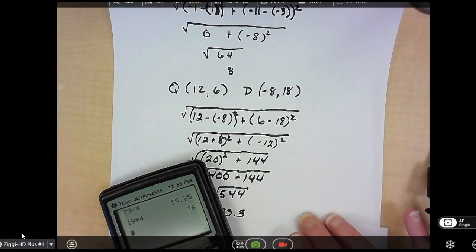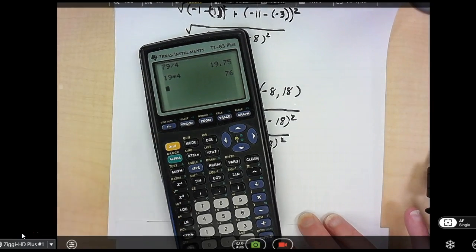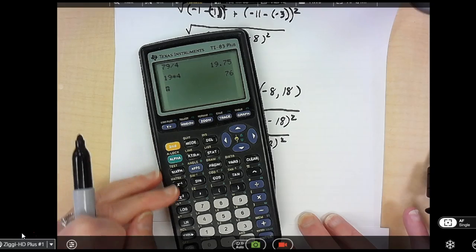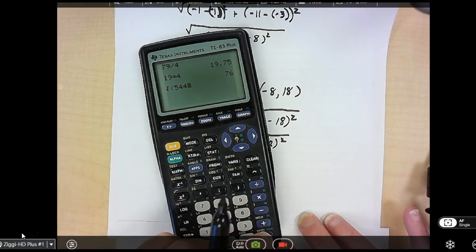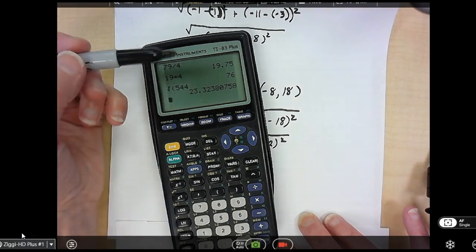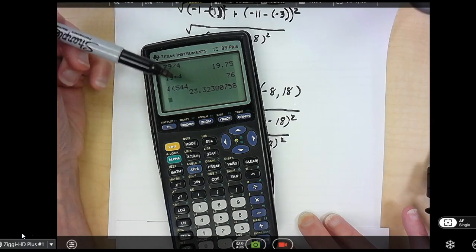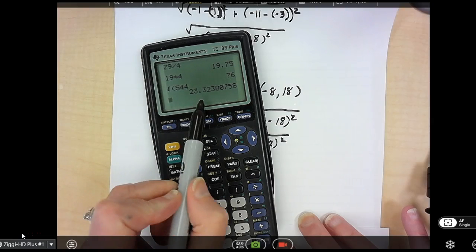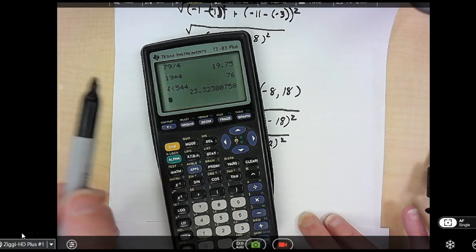With graphing calculators you have to hit the second key, then the square root, because it's in yellow. 544, enter. Again, to the nearest tenth, you go to the hundredth place, so we have 23.32. So I go to the tenth place, look to the 2, that's less than 5, so it drops off. So 23.3.